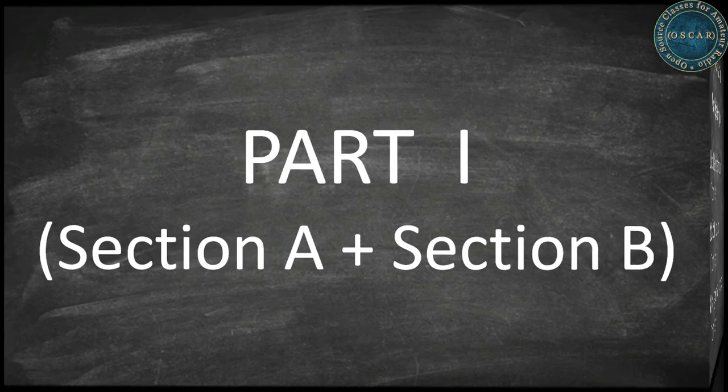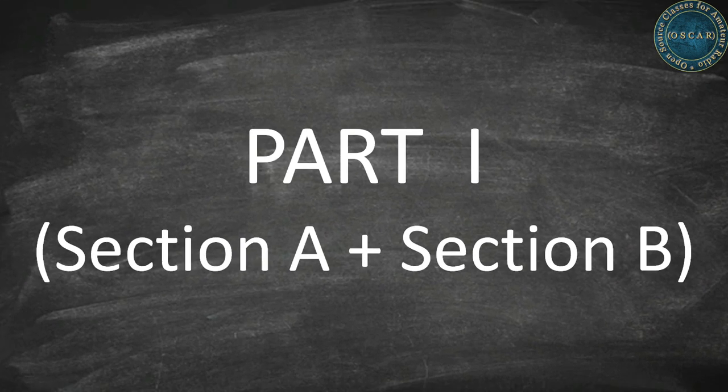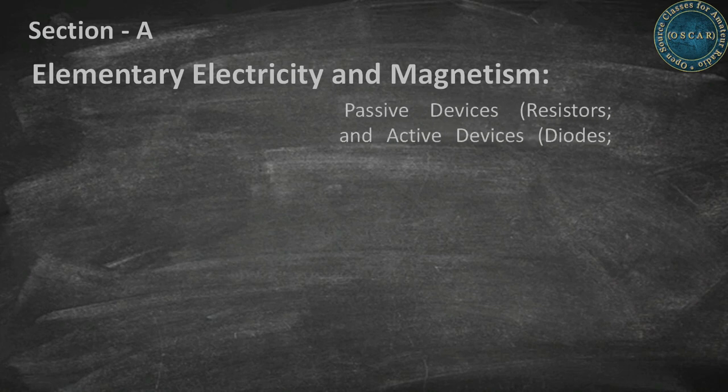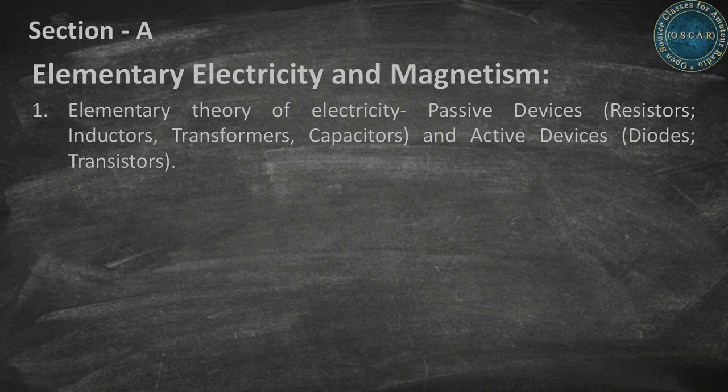Now we will know the syllabus in detail of part 1, section A plus section B. First we will know about section A. You will have to study elementary electricity and magnetism. Under this, you have to read some subparts.